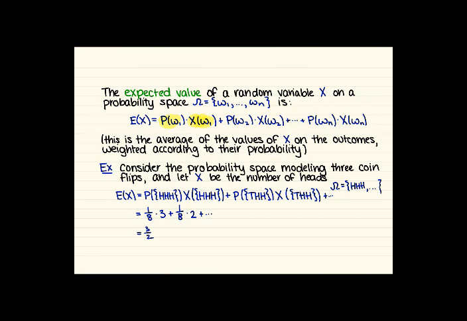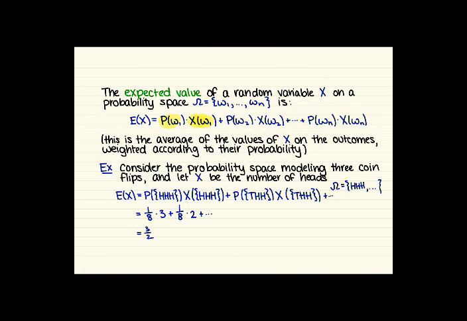So this expected value is giving us, like, on average or in the long run, what values this random variable will give. So you can also think about this as sort of the balancing point or average for the random variable.